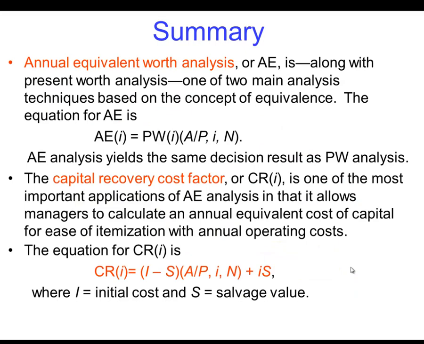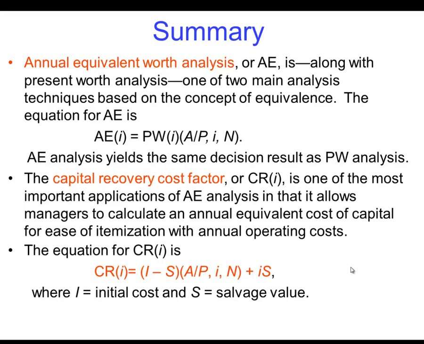So in summary, the present worth analysis and annual equivalent worth analysis are 2 techniques or methods that are used to compare alternatives or assist in making the decision of accepting or rejecting a project.